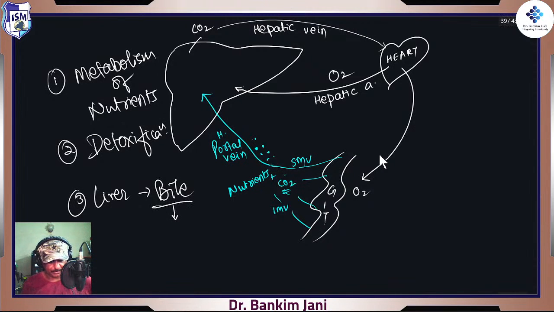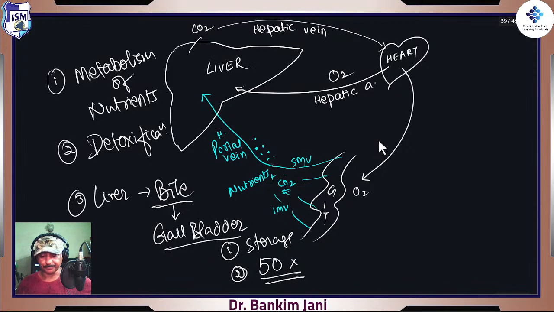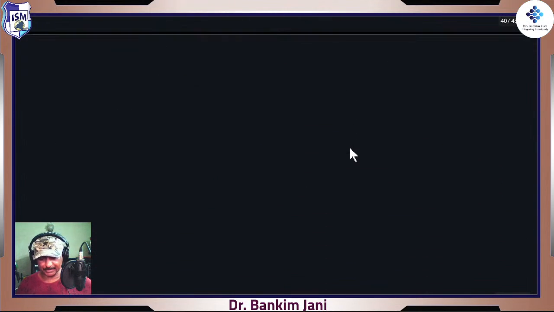This bile is sent to the gallbladder, right? The function of the gallbladder is, one, storage. And second, it increases the concentration by almost 50 times. So increasing the concentration, it goes for the process of saponification. Fair enough, right? So this is how the liver would be functioning. Yes, the liver is a big topic and we'll be discussing it.